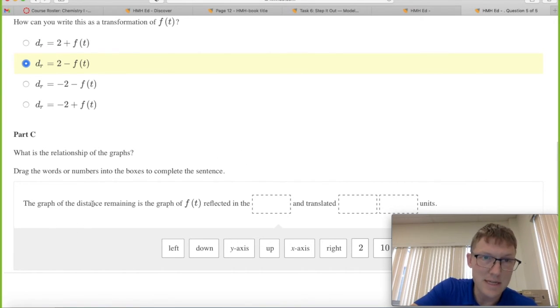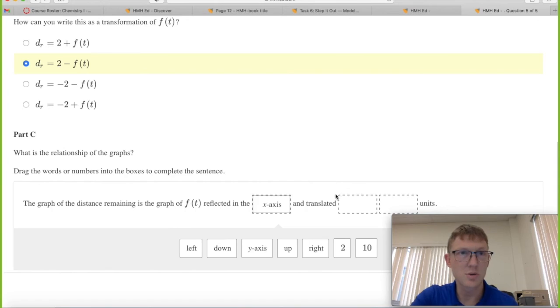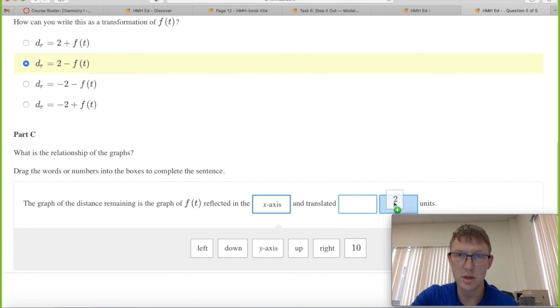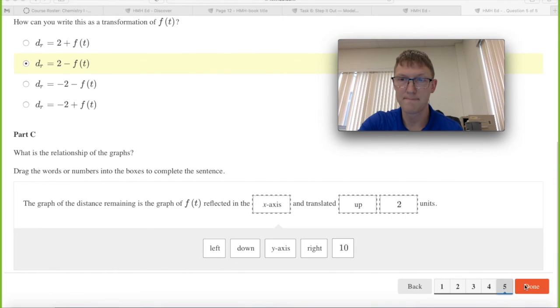The graph of the distance remaining is the graph f of t reflected in the, so it's a negative sign on the outside, so it goes up and down, so it would be reflected around the x-axis and translated up 2 units. Yeah, I'll go with that. I like it.